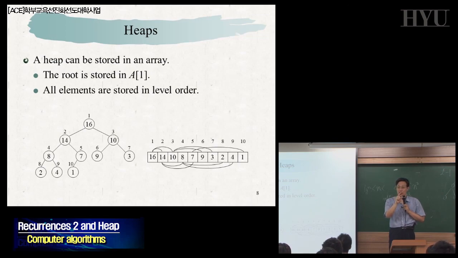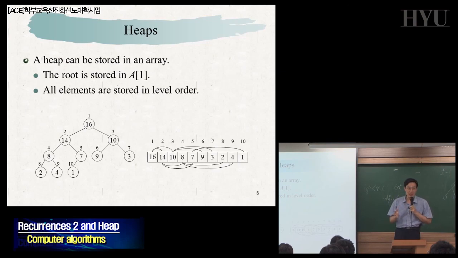And in the structure, there are some elements: the key and pointers to children and a pointer to its parent. Okay? So we need additional pointers. But if we implement the heap in that way, it cannot be an in-place sorting algorithm because of the additional pointers. Additional pointers require additional memory.